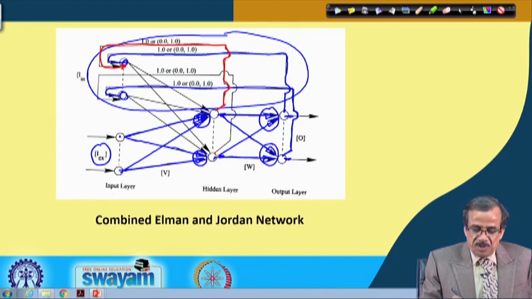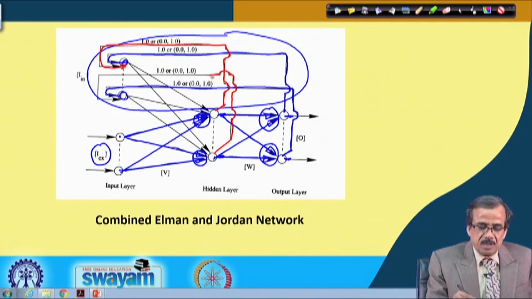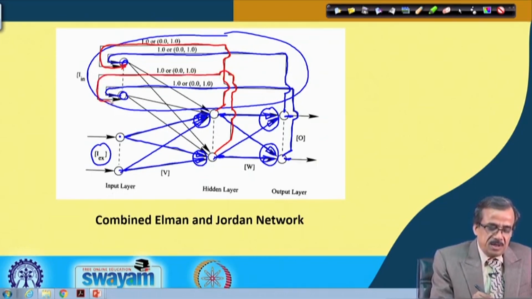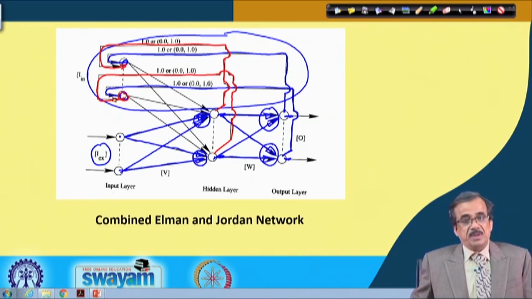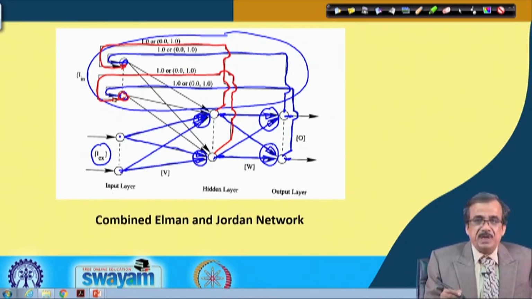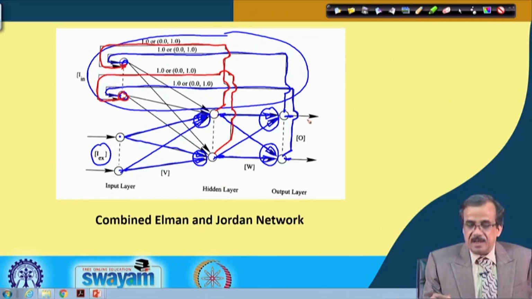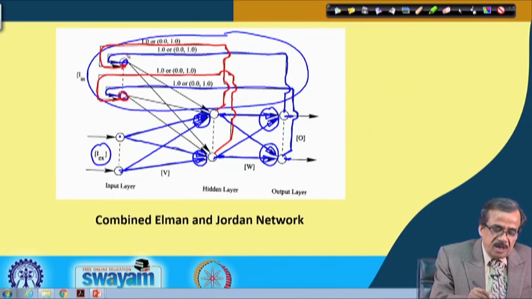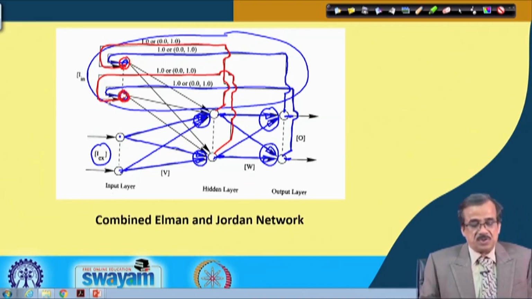Similarly, the output of this particular hidden neuron will be allowed to pass through like this and will be collected here in this particular neuron. This is the way we collect the combined feedbacks both from the hidden layer as well as the output layer, and here we will be getting the internal inputs.